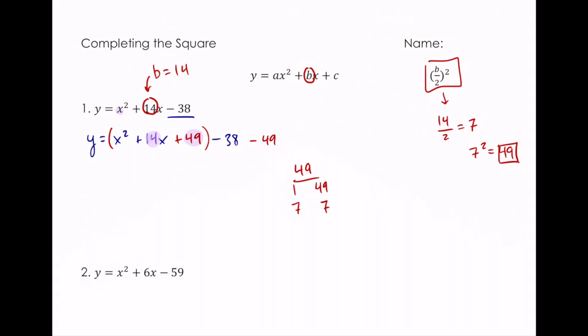We want to add to get the middle number, 14. We know 7 plus 7 is 14. So these are the 2 factors we're going to have, 7 and 7. So let's write that out. We should have y is equal to x plus 7, x plus 7.